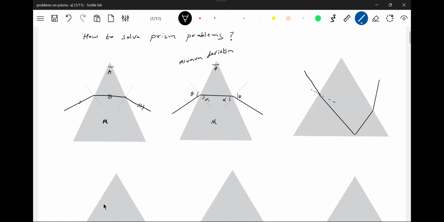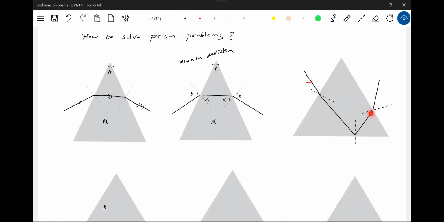Now this was the incident ray. Moving from rarer to denser, it will bend towards the normal, so the ray will be incident here. Here the ray will undergo TIR.